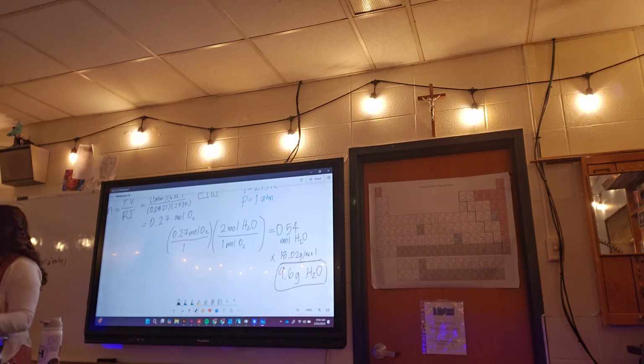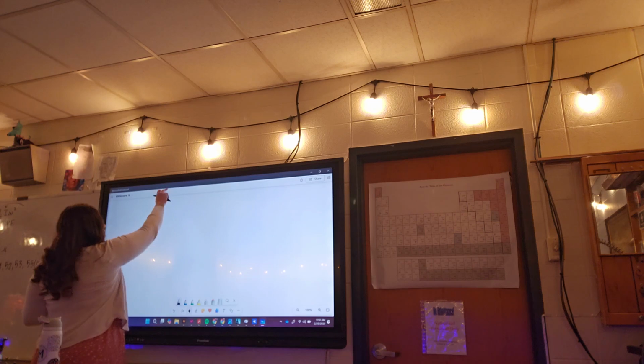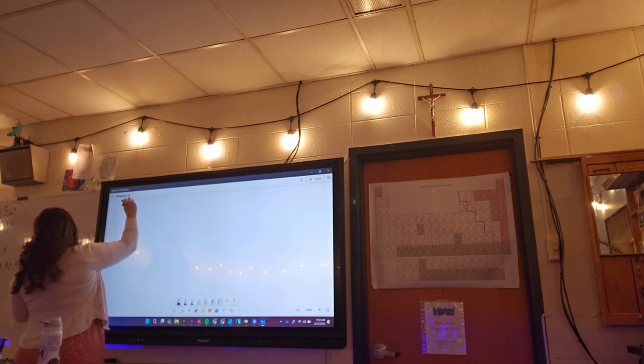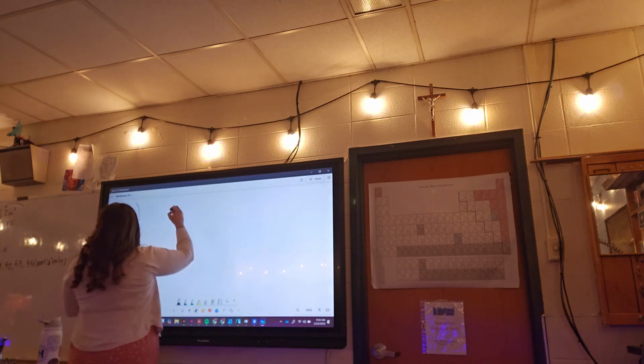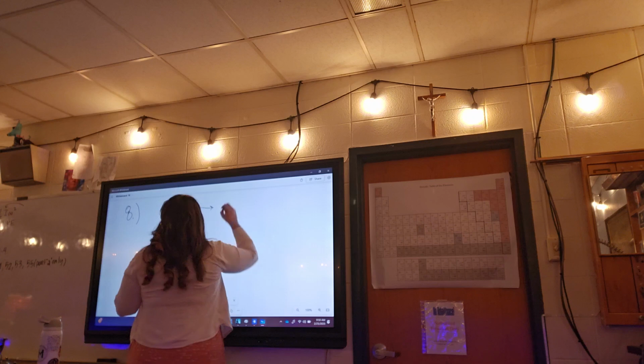All right, let's take a look at a homework problem now. Number 8. All right, let's do number 8. I'm going to just quickly write the chemical equation. I want you to figure out if this is balanced or not.